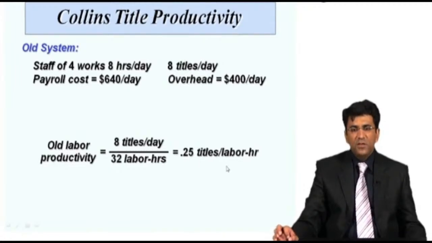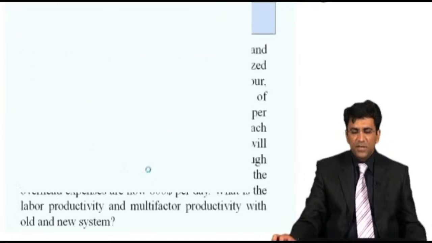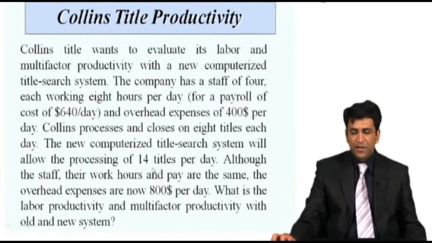Now we want to calculate the labor productivity again for the new system. For the new system, what will be the changes? Your input will remain the same as per the information provided in the example, but the output is changed. You can see that in this example the new output is 14 titles per day.